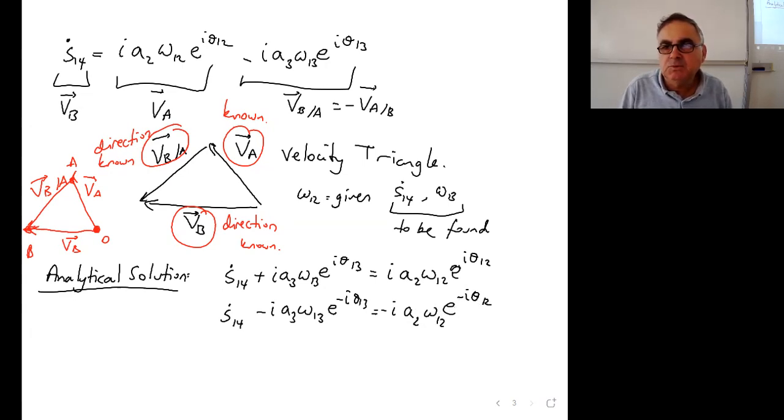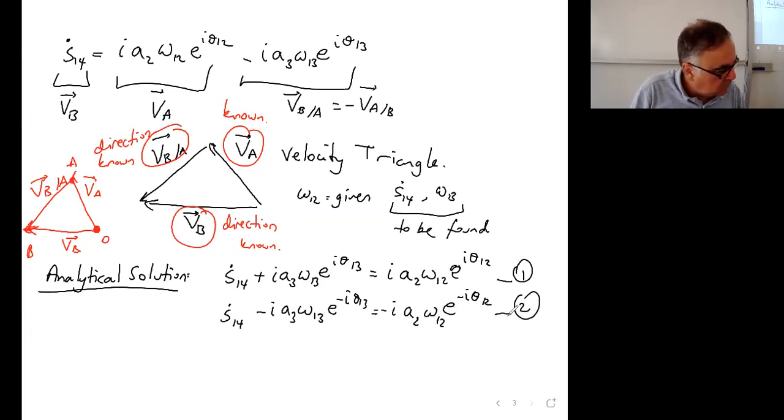We can use them to solve for our unknowns. Let's say our first equation, and this is our second equation.